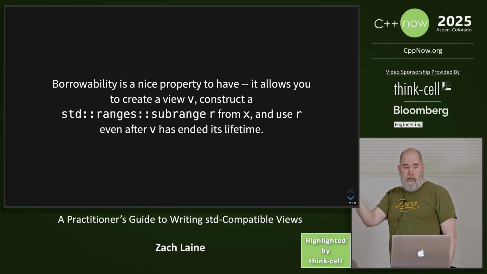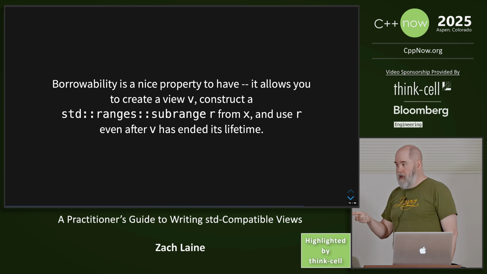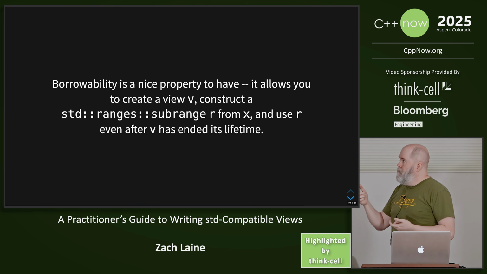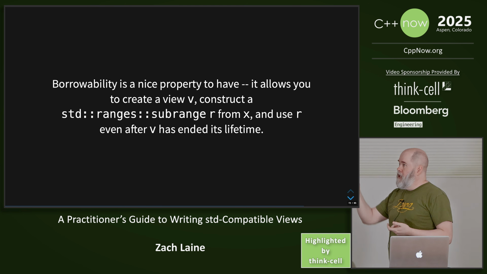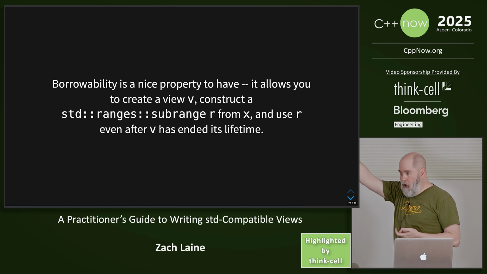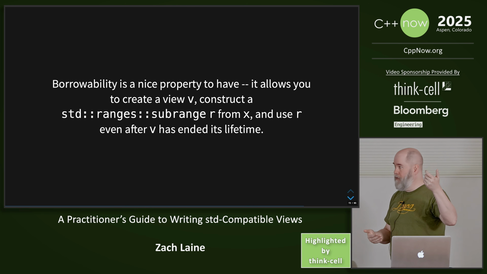The span that I constructed could be a temporary within the function, or local to the function, I should say. And then the iterator and sentinel outlive it, and that's a really nice property. Otherwise, in order to make sure that the thing I've taken the iterator and sentinel out of is always within its lifetime, I have to always pass it in as a parameter, so I know that it's within its lifetime if I return a subrange to that.